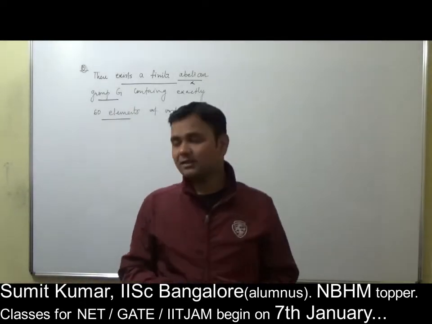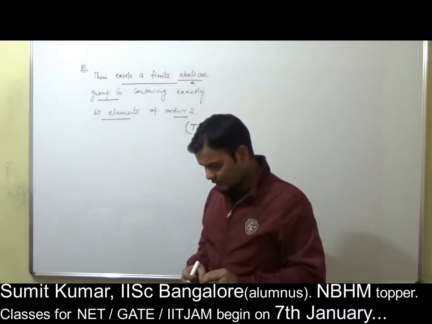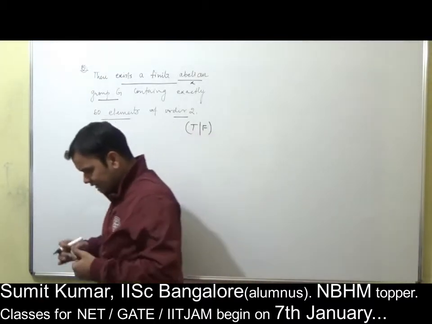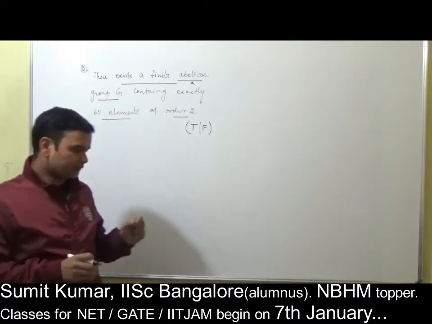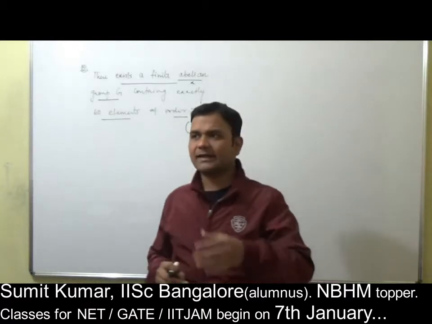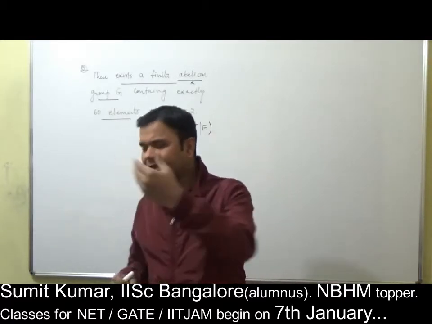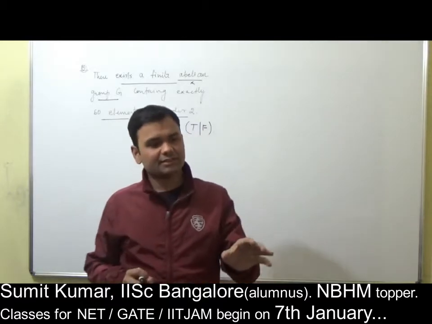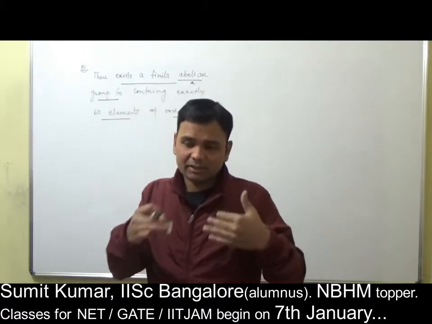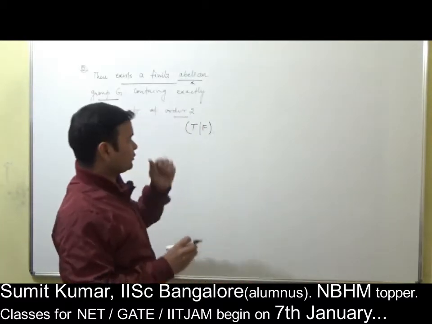Does there exist one? If no, prove it. If yes, give that example. If you have a finite group of order 60, 100, 2000, anything, then how can I judge the number of elements of order 2? We are going to do that.